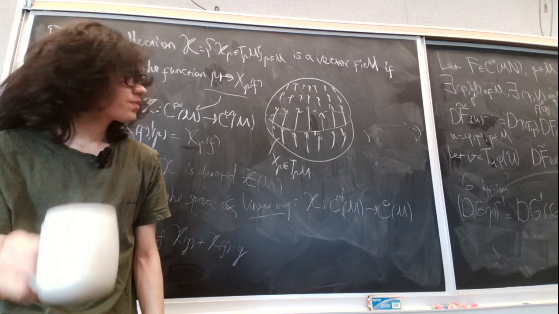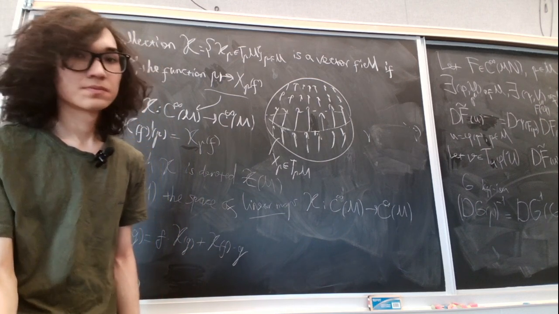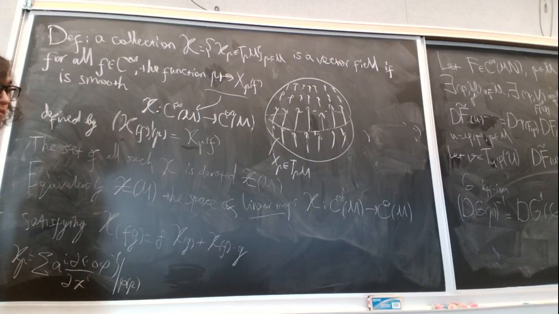So in a coordinate chart, a vector field is some differential operator, which is a_i of x times taking a derivative at x_i. So the coefficients can change. This means that if I go from one point to another point, I could be taking a derivative in a different direction. But to make this smooth, I want a_i of p to be smooth, depending on the point.